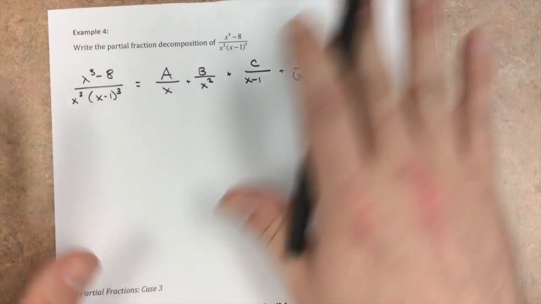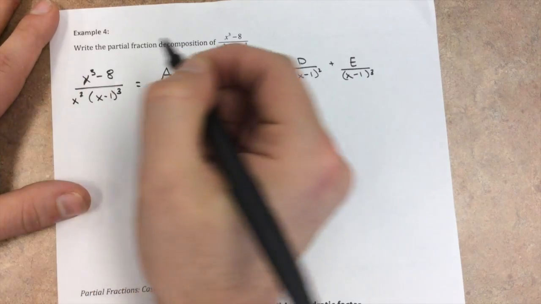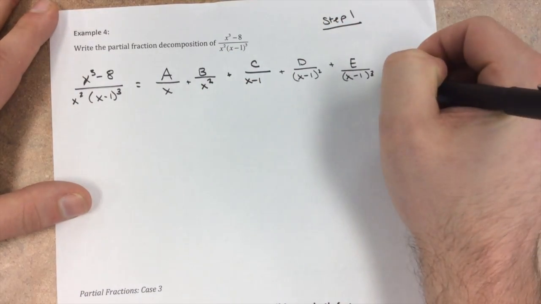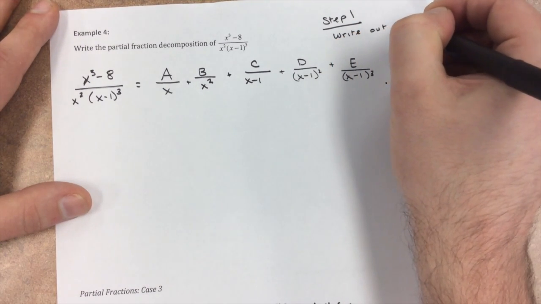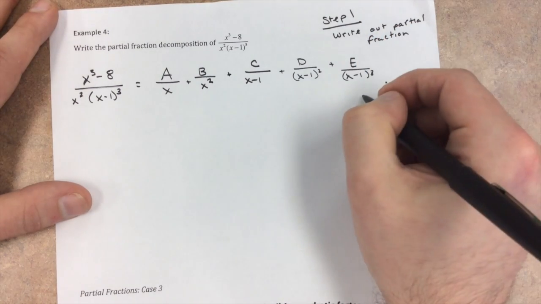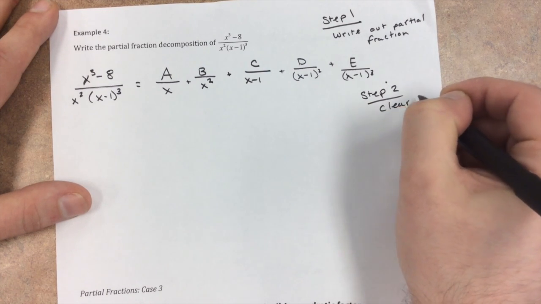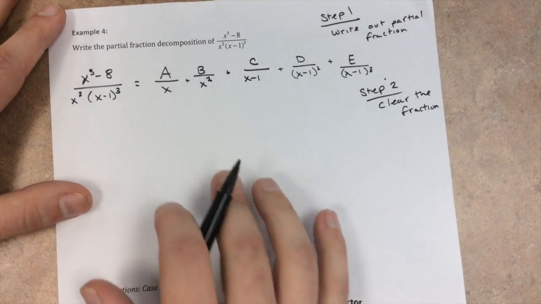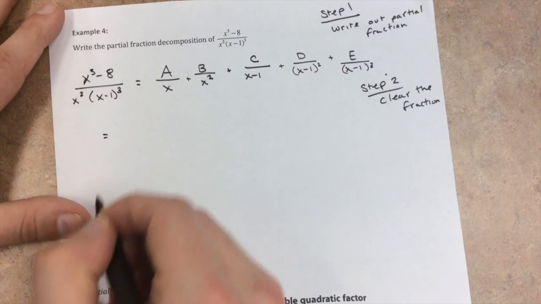But what we want to do is at the very least, we can multiply this all out. So let's clear the fraction. Step 1, we write out the expression. Step 2 is clear the fraction. So what happens when we clear the fraction here? We are left with, I'm just going to write equals here.